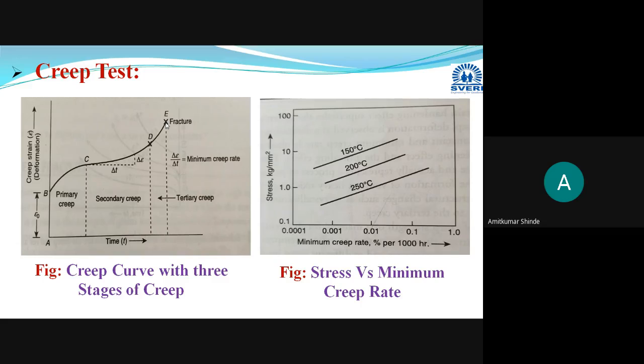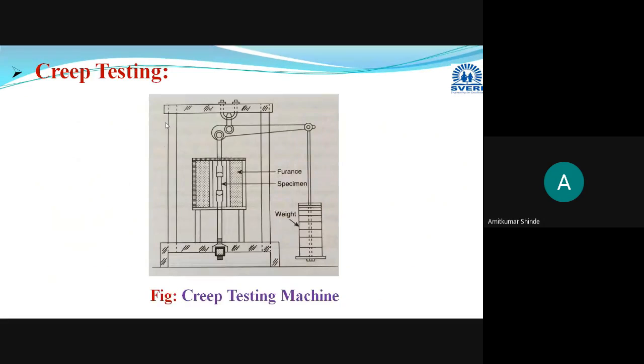It will take different time values. The particular stress value where that material will fracture, or the highest amount of stress that material can withstand without rupture, will be termed its rupture strength, also known as creep rupture strength. So this is the conduction of the creep test.